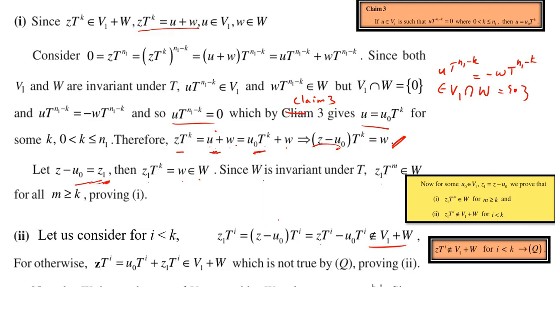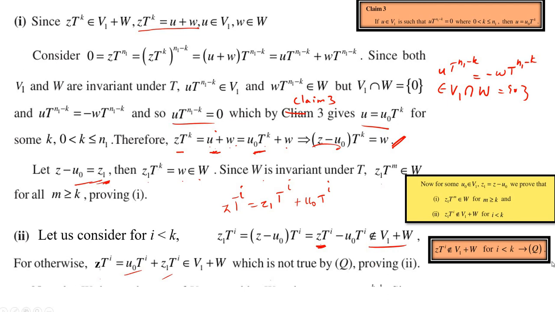Suppose it belongs to V1 plus W. Then, taking this to the other side, Z1 T power I plus U naught T power I is Z T power I, with I less than K. You have this U naught T power I belonging to V1 and this belonging to W, which is not true by Q. What is Q?